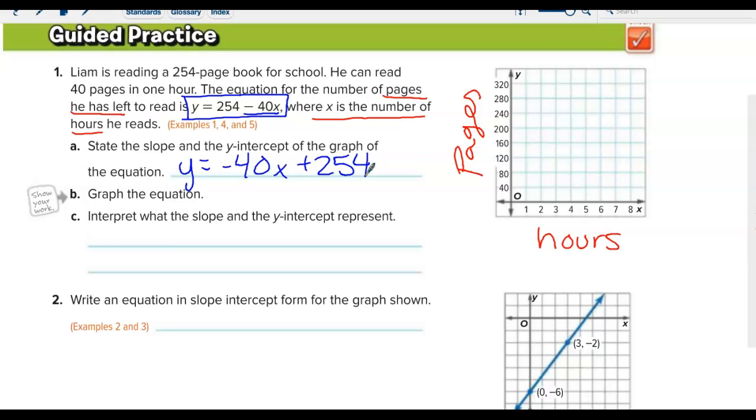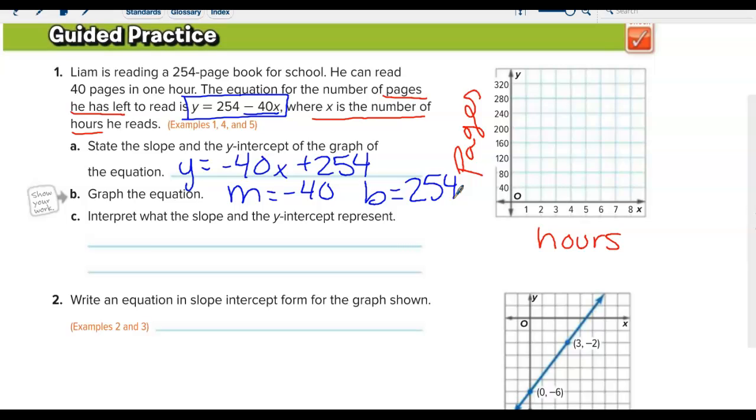So then what would be my slope in that, Adriana? Negative 40. And then my y-intercept would be what, Daniel? 254. Okay? Questions on that part?